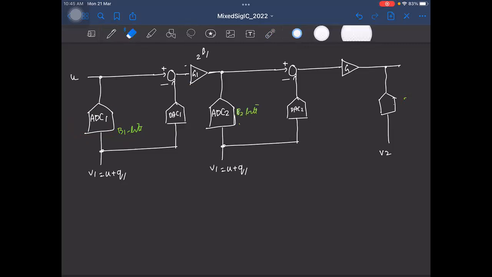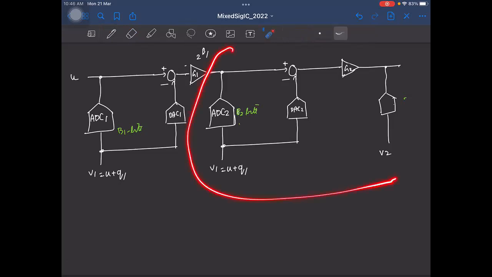What will be the gain of the second amplifier here? Why 2 power B1 plus B2? You think of this alone as a separate ADC. When we just had this as a 2-step ADC, what was the gain we used for G2? Let's say, forget about this part.